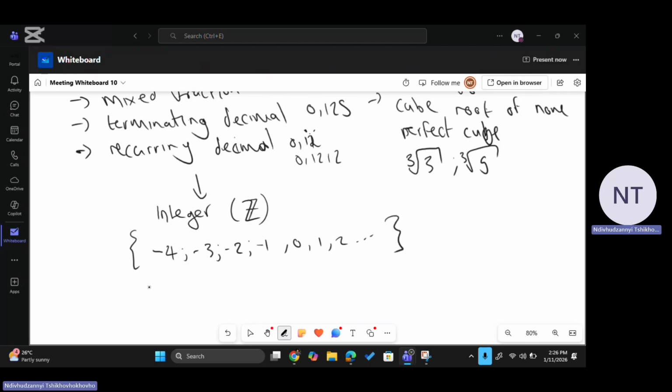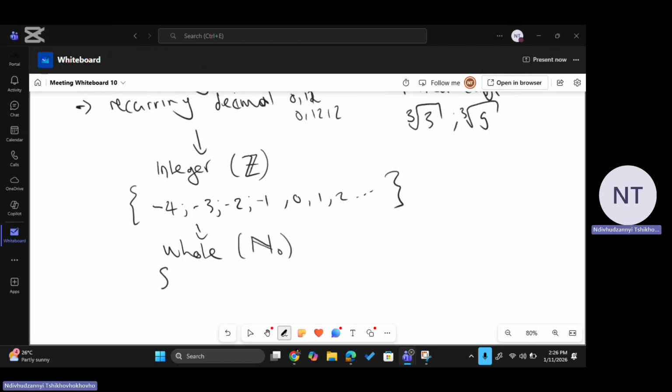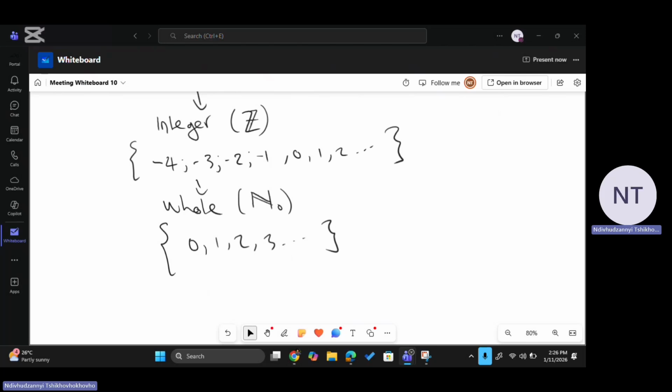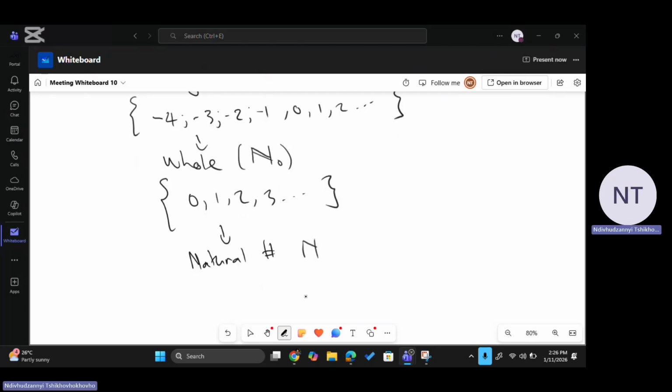Then we have a whole number, which is denoted by N with a 0 there, a number that starts from 0, 1, 2, 3, on and on. And lastly, we have a natural number, which is N, which starts from 1 going on. And we're done.